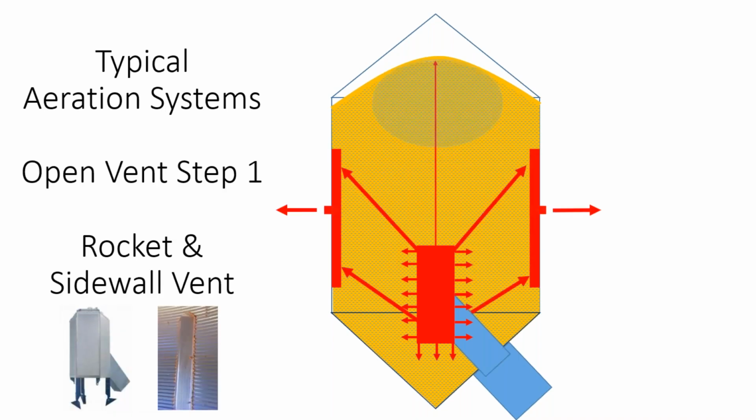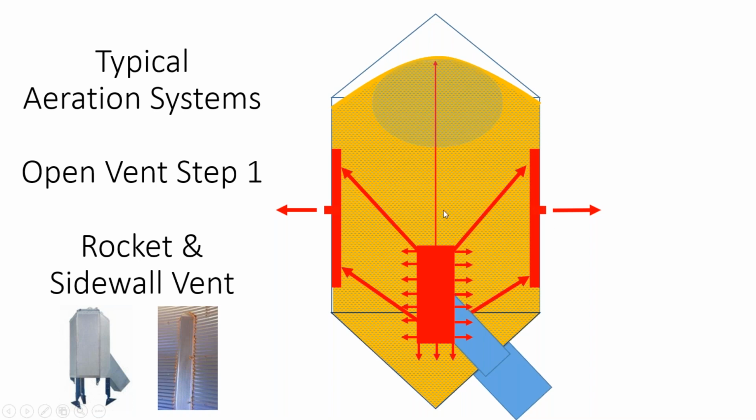Here's an interesting adaptation of the rocket, and basically what they do is they add sidewall vents. Here's an image of a sidewall vent, and it basically is attached to the sides of the bin.